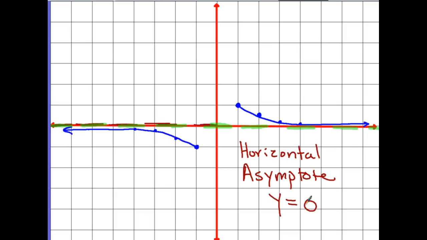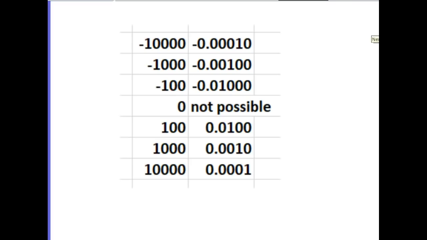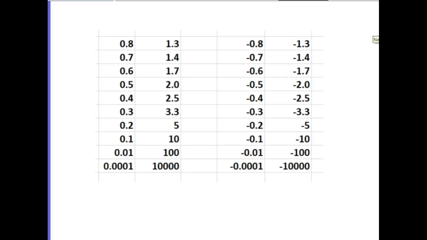But what happens in between here? What's happening in this part of the graph? Well, in order to find out, I am going to have to graph some more points. I'm going to have to graph some points that are less than 1.